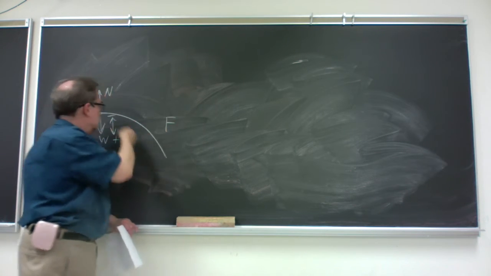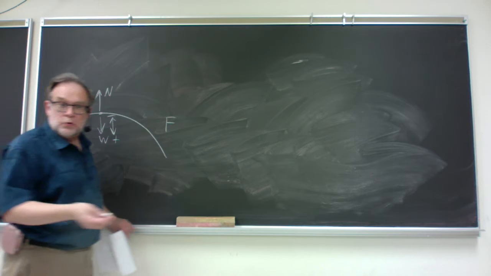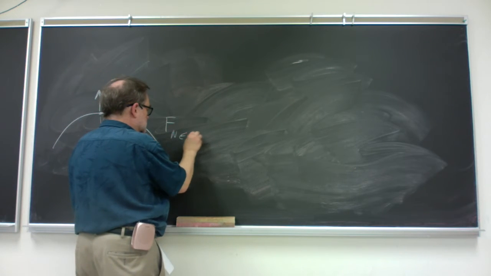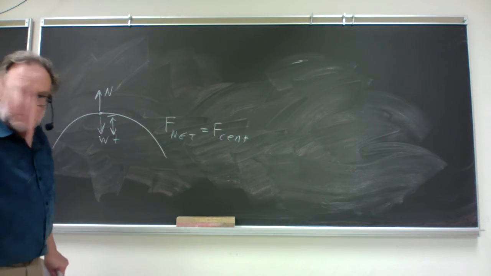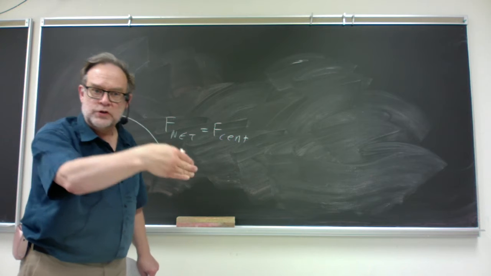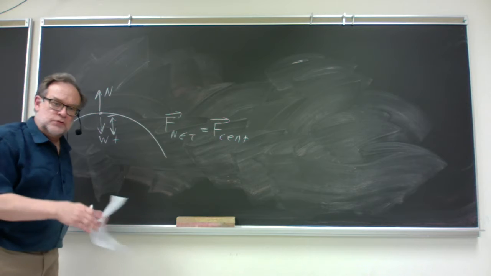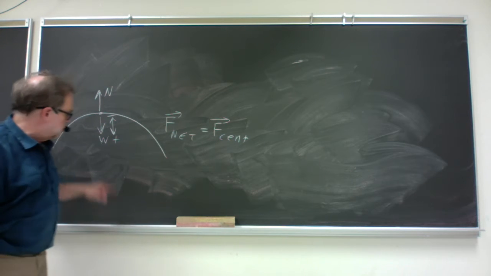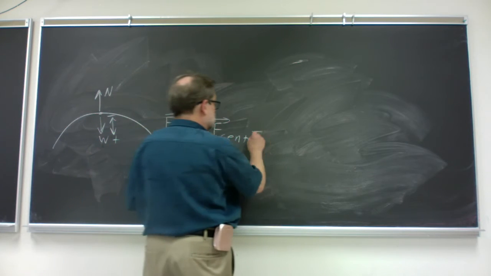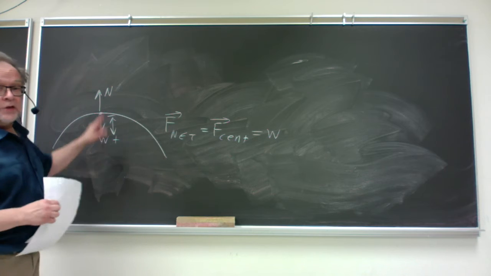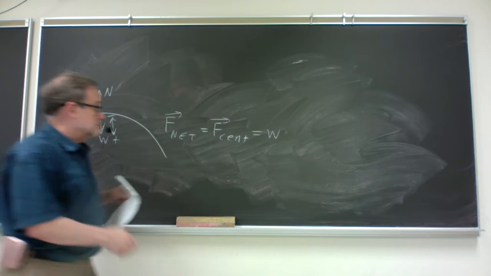So, in this case, the net force along this direction, which is going to be the centripetal force, because it will be a force that points in toward the center of the circle and makes you move in a circular path, is what? Again, it's just all the force in the positive direction minus all the force in the negative direction. In this case, the force in the positive direction is weight, different from before. And the force in the negative direction is normal.